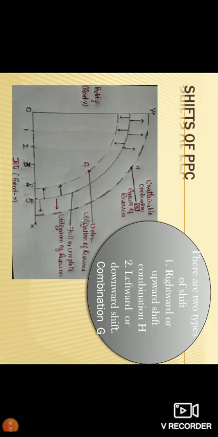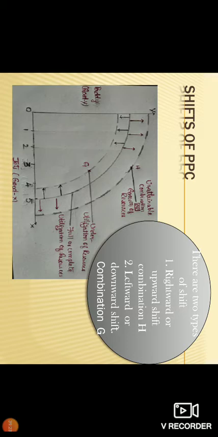Whereas if it is shifted upwards, that is outside, another production possibility curve, that is a rightward shift. So this is the H combination. This H combination is unattainable with the given resources. With the same resources, we cannot produce the H combination of goods.